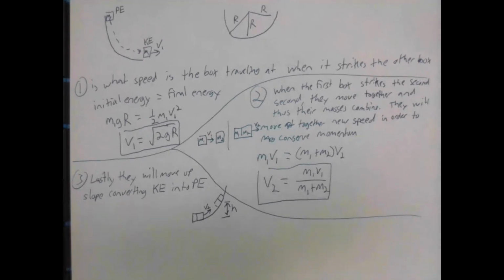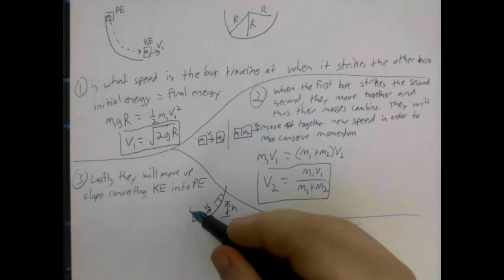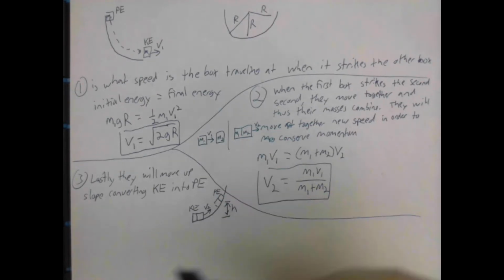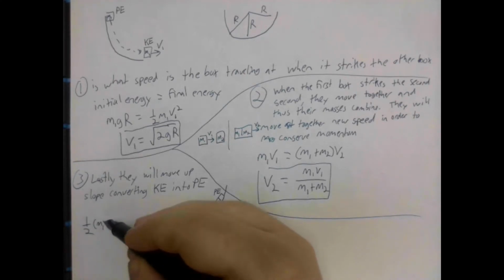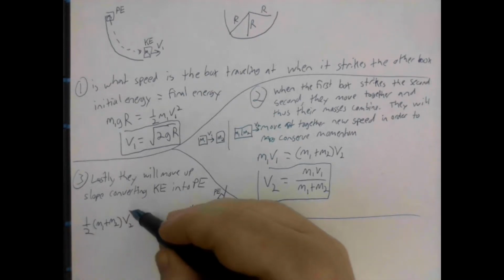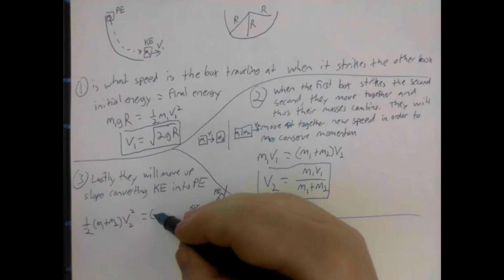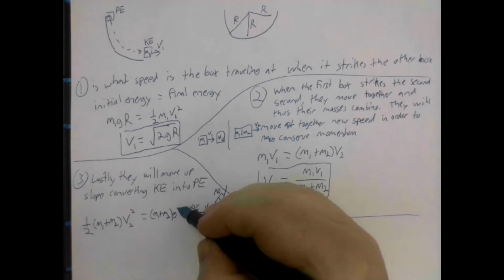So conservation of energy. We know that the initial, down below, is only kinetic energy, and up here is only potential energy. So 1/2 mv squared. Since they're together, it's going to be the total masses, m1 plus m2 times the velocity squared, and that'll equal their potential energy, m1 plus m2 times g times h.